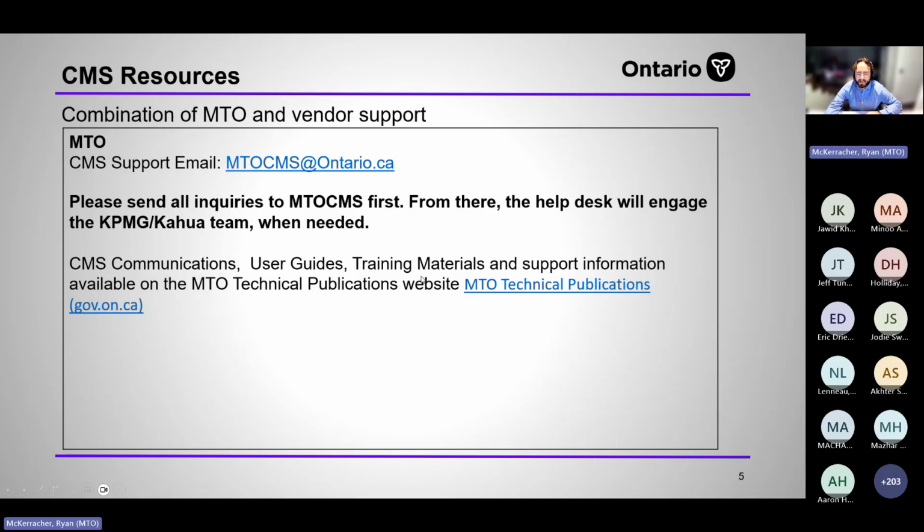We also maintain an archive, which I can show you at the end of the training session too, that we post to MTO technical publications along with all the updates. So there's an archive where every single update topic is pasted in and categorized and alphabetized. So you can search through, there's over 300 entries of updates that we've issued since going live in February 2023. So you can look there for lots of good information.